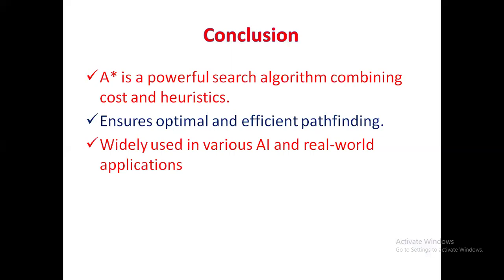In this presentation, we have explored the A star algorithm, one of the most efficient pathfinding techniques used in AI, robotics, and game development mainly. These are all the things we have seen in this slide. Hope everyone understood this A star search. This search is used to find the shortest path in an efficient way by using g(n) and h(n).